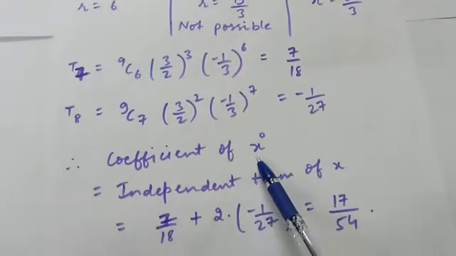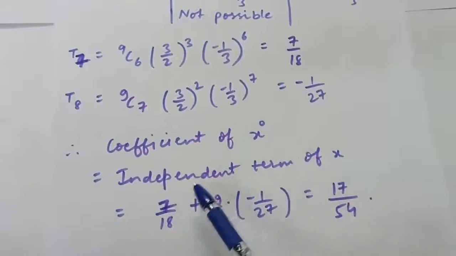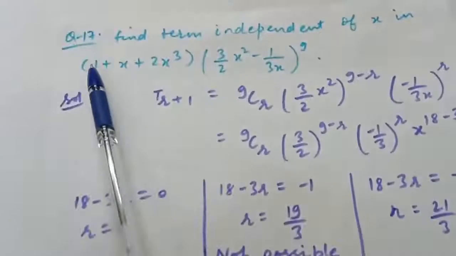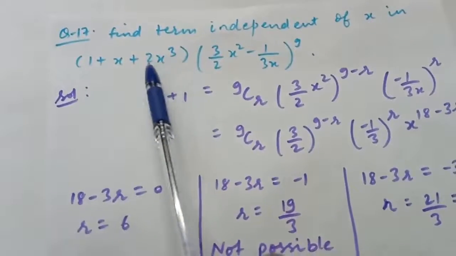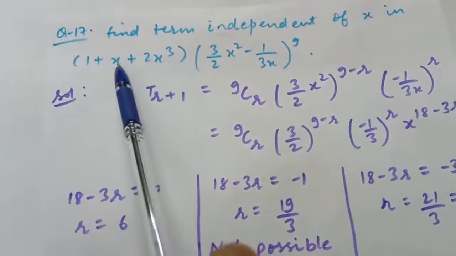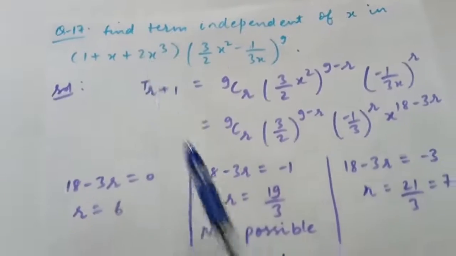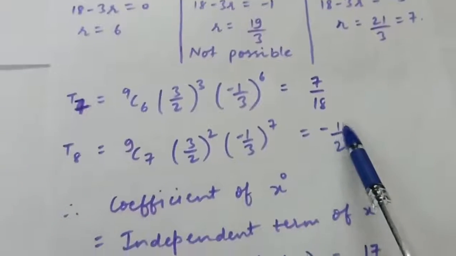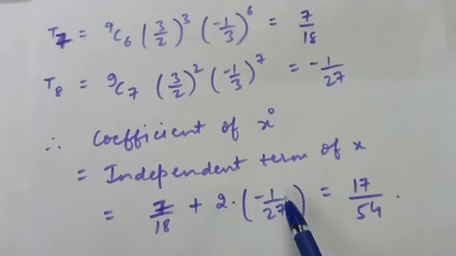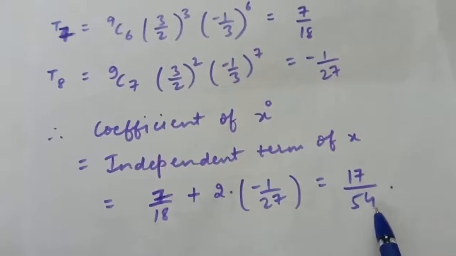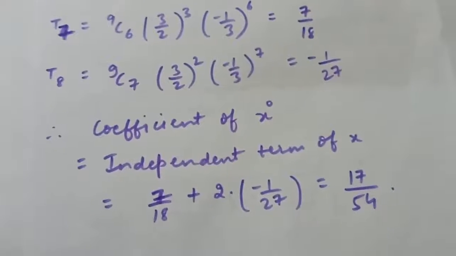So coefficient of x raised to the power 0 will be 7 by 18 into 1 plus we cannot multiply this with any term. Now the coefficient of this term 2 with the coefficient of the 8th term, which is minus 1 upon 27. So you will get the independent term as 17 upon 54. Clear?